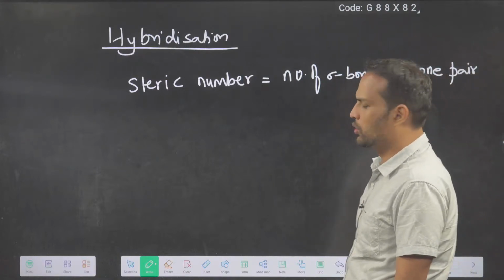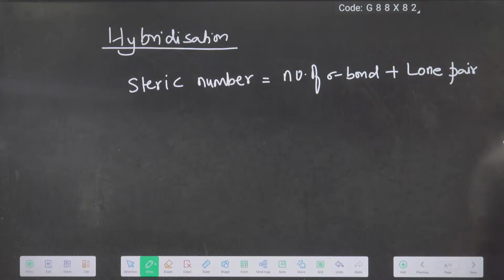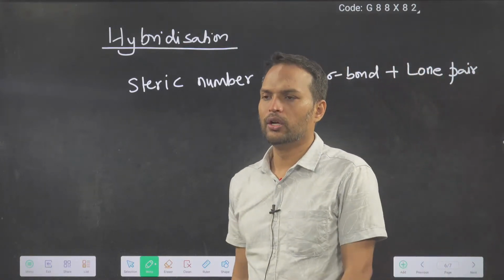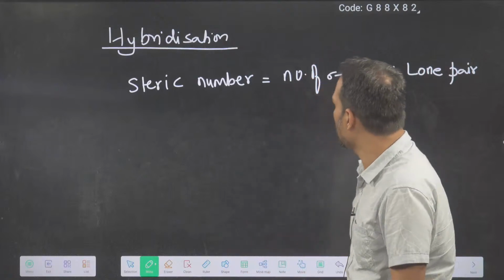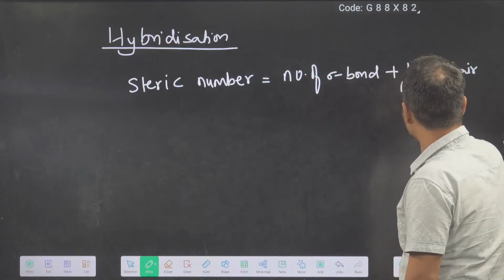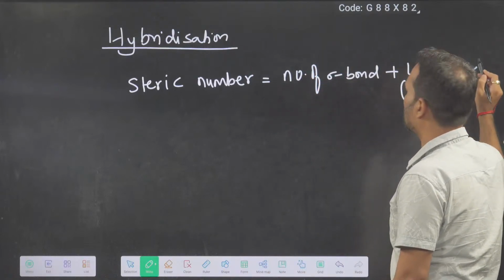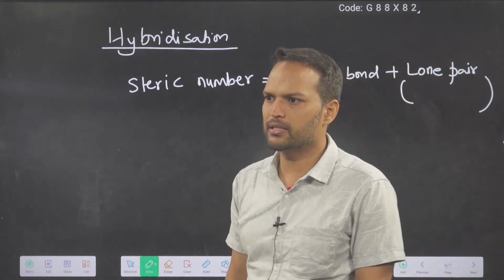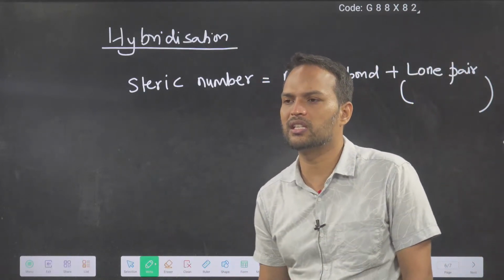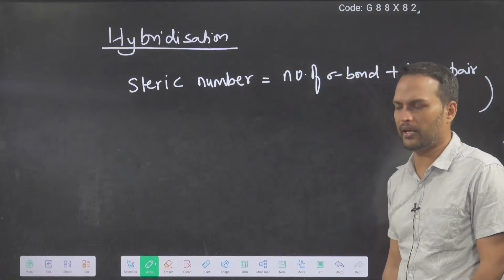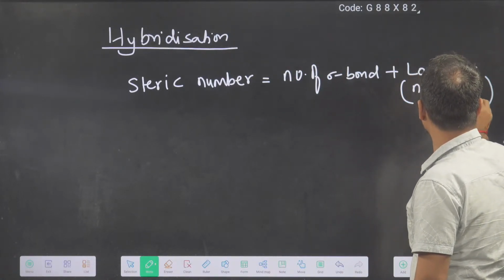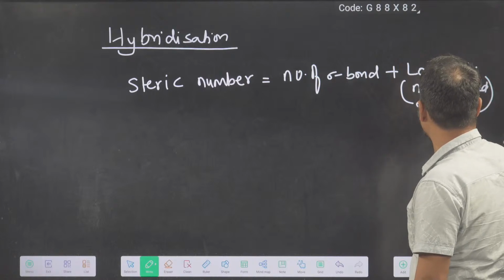Now some people can say, what is this lone pair? Lone pair is, you can say, non-bonded electron pair.